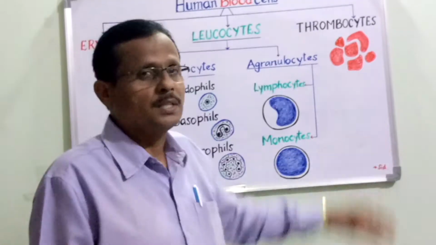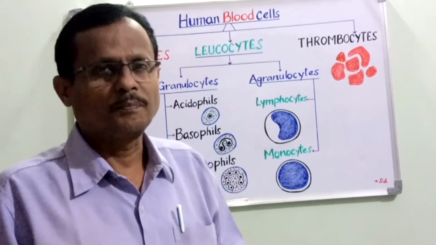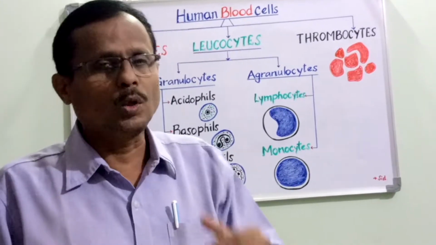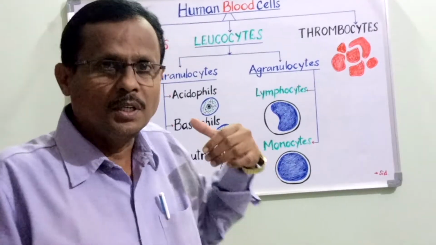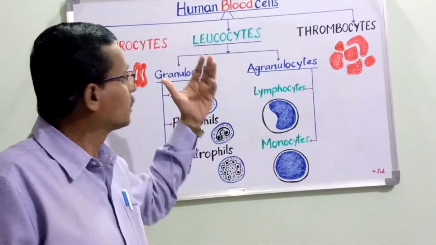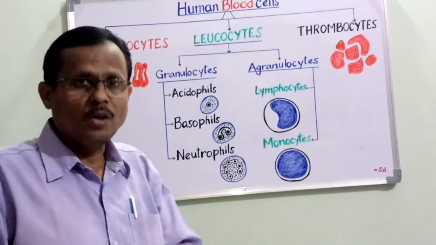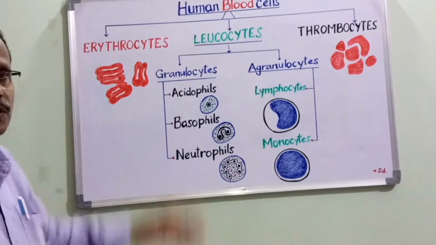And the third is thrombocytes, called platelets. Now let us examine all the details with regard to each of these elements, the erythrocytes, the leukocytes, as well as the thrombocytes. Now let's begin with the erythrocytes.